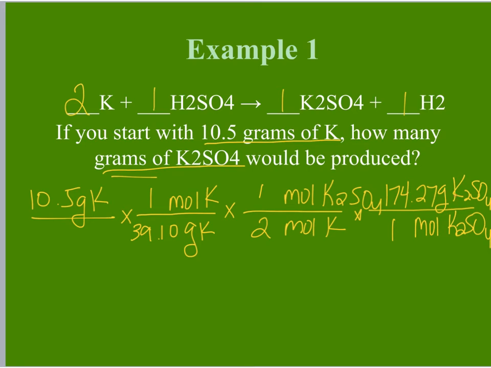Remember, each of these have to match: grams of K, moles of K, moles of K, moles of K2SO4, moles of K2SO4. We are going to multiply all the way across the top and divide by everything on the bottom. Our answer needs to have the number of sig figs that the problem started with.